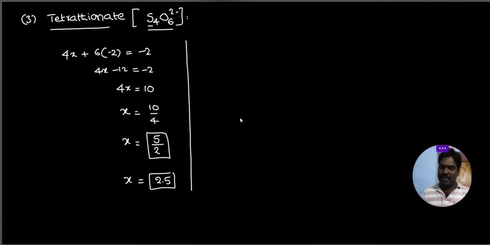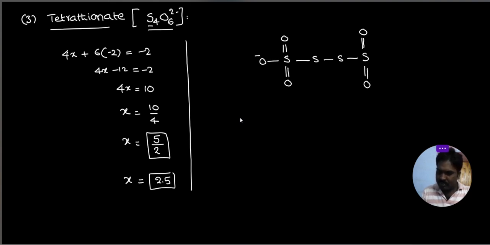This is mathematically. Now based on structure, we can write 4 sulfur atoms and 6 oxygen atoms, 3 and 3, with 2 negative charges.